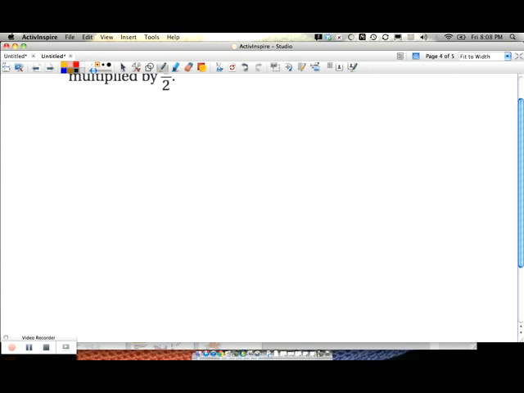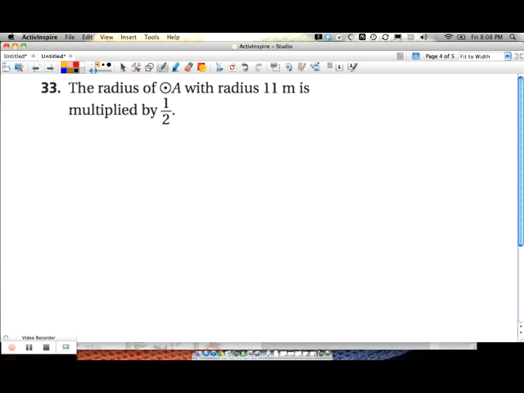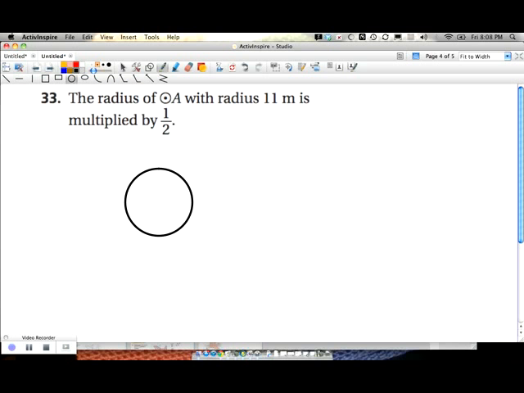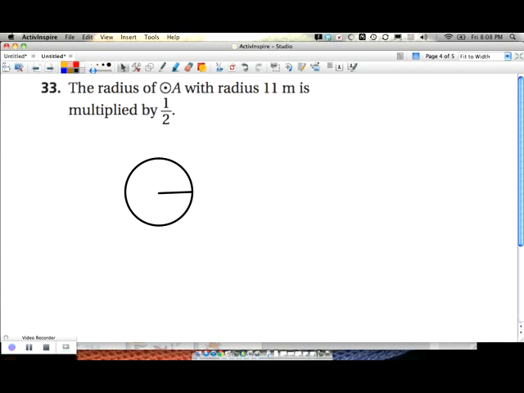Well, let's see what happens with a circle. Let's see if it's consistent. So we start with the circle, and we don't really care what the numbers are originally, what the original radius is, but we do care what the area and perimeter was, and then how that changes in relationship to the formula. So the area to start with is just pi times r squared, but the radius is changing. It's multiplied by a half.